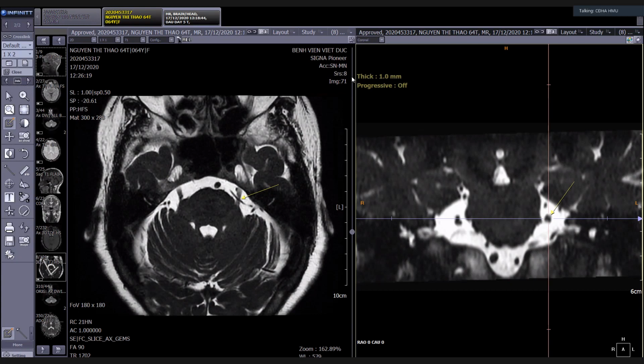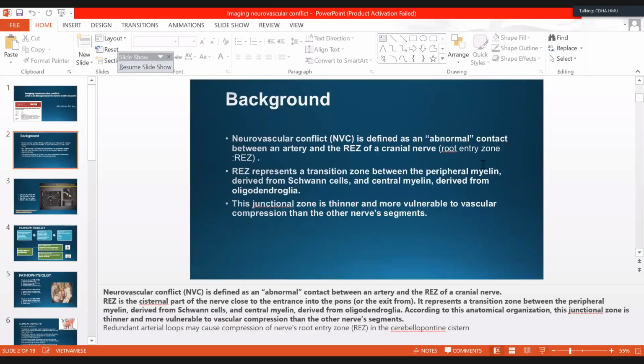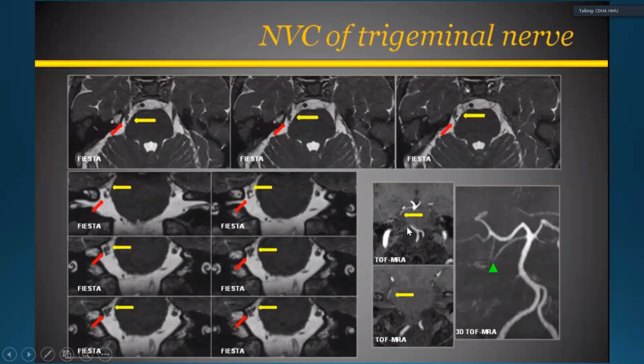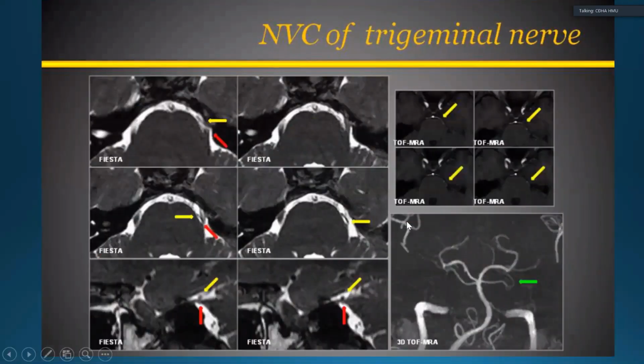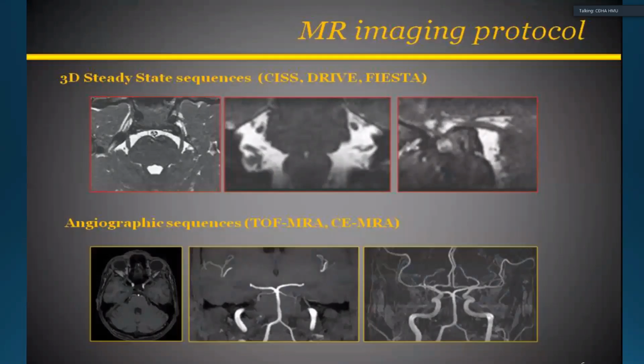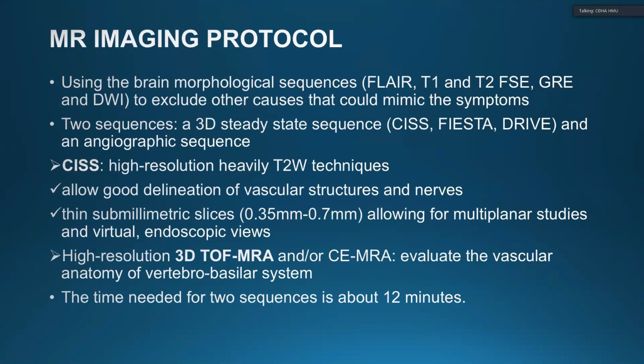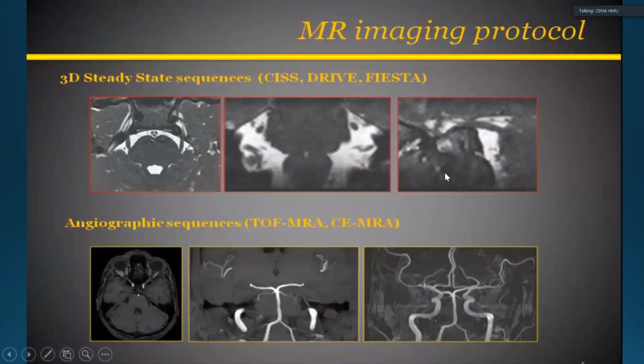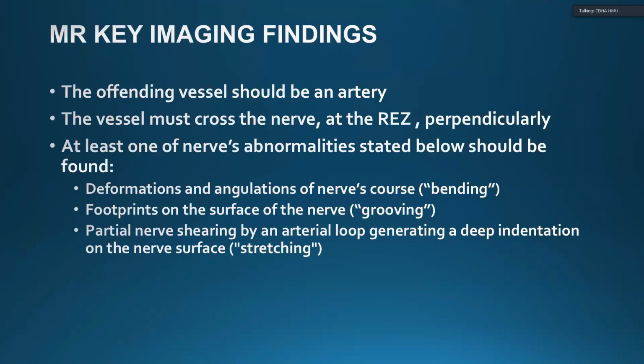the third one is when you think that there is a neurovascular conflict, you have to detect the positive findings that we just mentioned, right? The bending, grooving, and the stretching of the nerve, right?